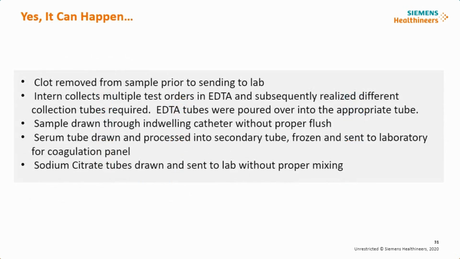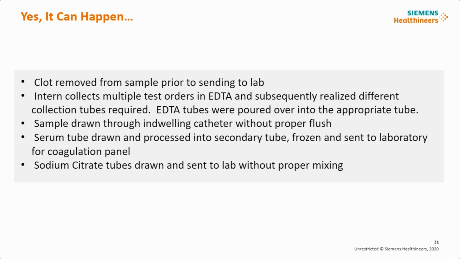These are just some examples that I've heard or read in various textbooks. So some of these things can happen. As an example, if a clot is in fact noticed in a tube, the clot may be removed and the sample is still sent to the laboratory, not realizing that that sample is going to give inaccurate test results.